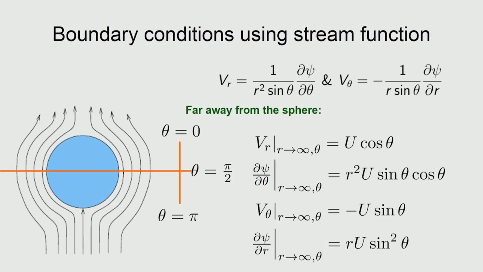We can then go further and see what we can look at as a boundary condition far away. By far away, it implies when r tends to infinity, applicable for all thetas. Again we look at the definition and look at what kind of boundary conditions are coming out. If you see the Vr definition and combine with this, you would get the condition coming up here.